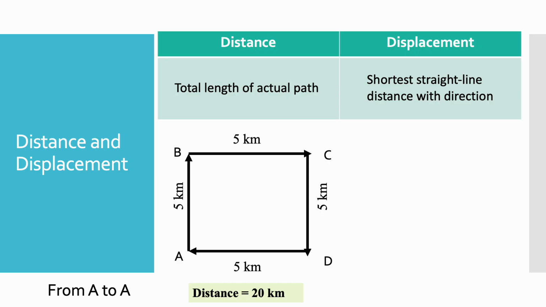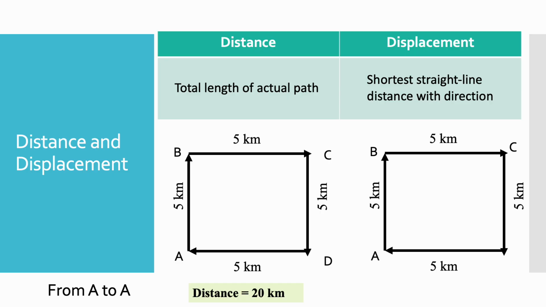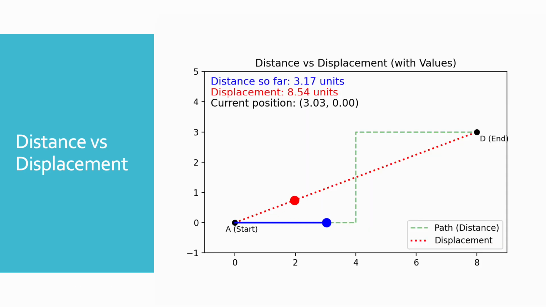It is 5 kilometer plus 5 kilometer plus 5 plus 5, which is equal to 20 kilometers. But the displacement would be 0 because the start and end point are the same. He is returning to point A. So the displacement is 0 kilometers. Here you can clearly see the difference between distance and displacement.